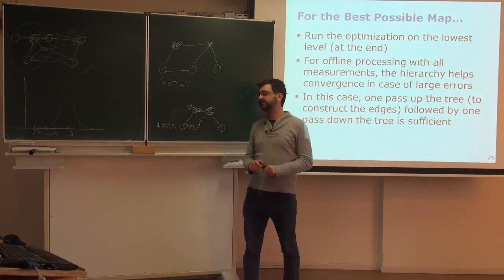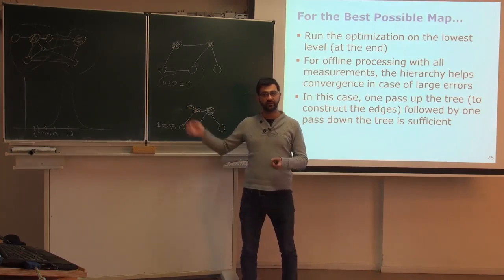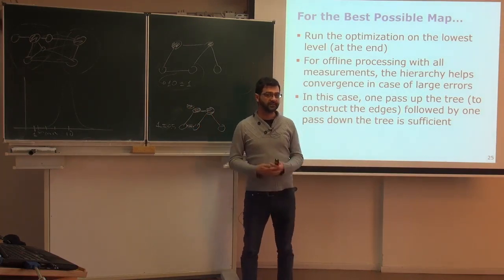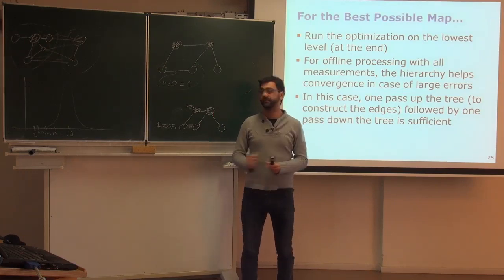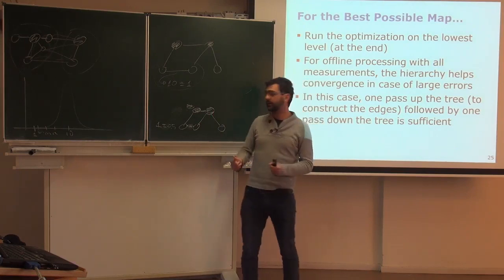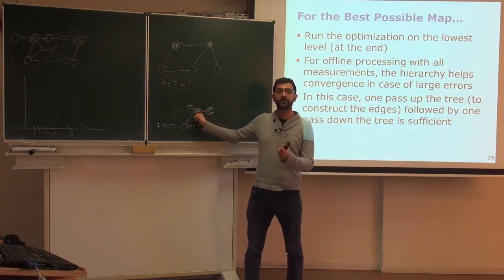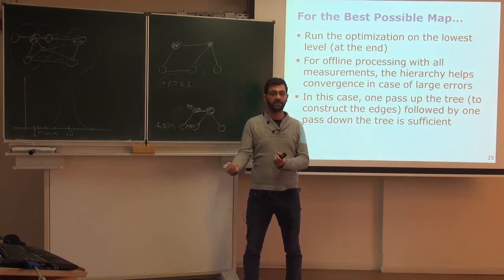Now, one can say, does it really matter if we start from this or if we start from the original data that we got? The point is it does matter, for two reasons. One is that we are starting with something which is hopefully close to the minimum. So we are not wasting the computation that we did so far while collecting the data.